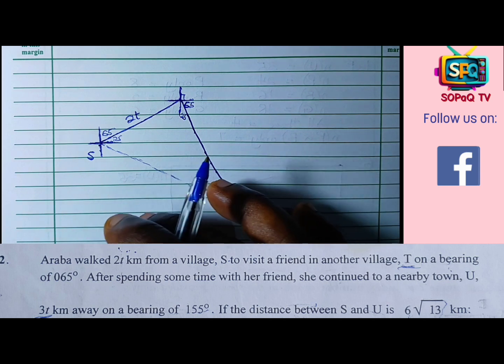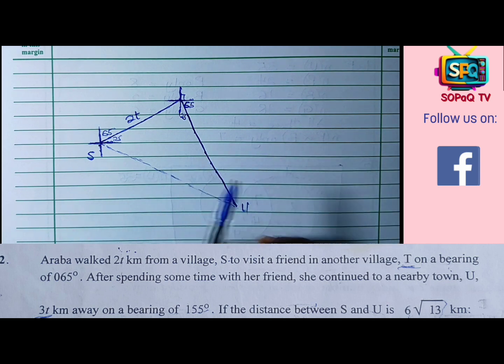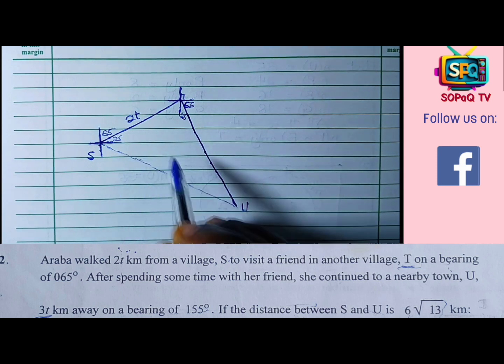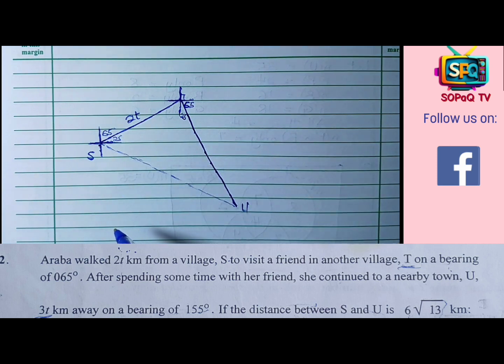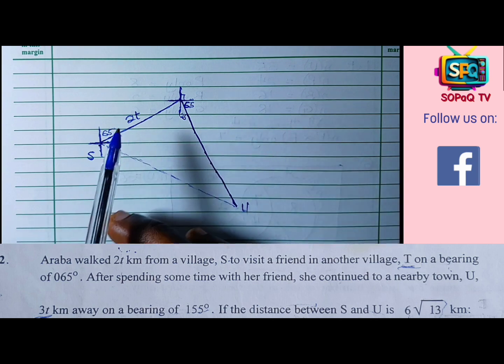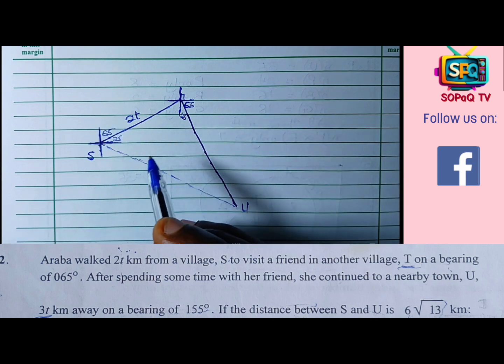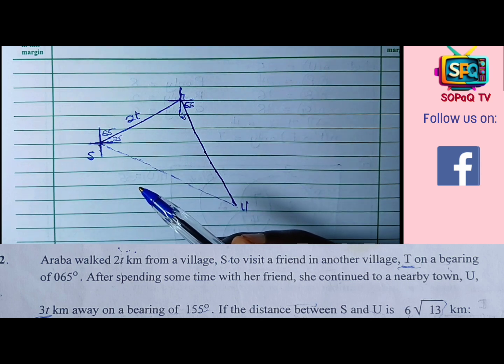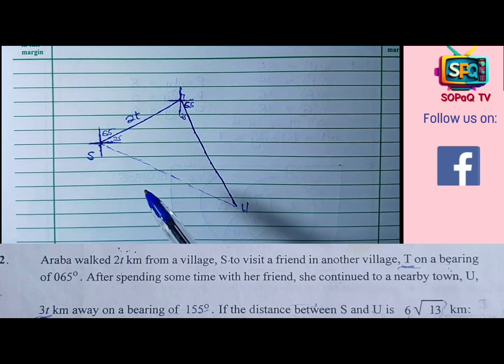Now, anytime you sketch a bearing, the next focus should be on the angles, the interior angles of the bearing. You check using the properties of angles to see whether any of the angles will fetch you 90 degrees.